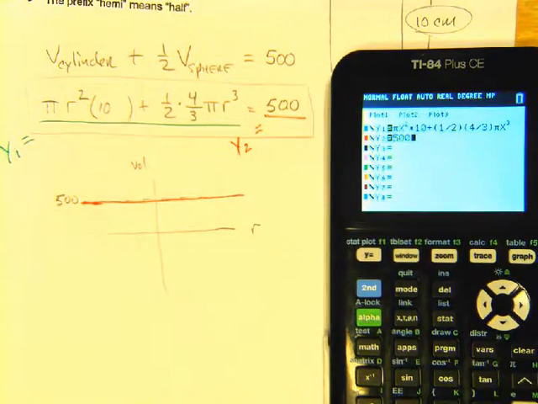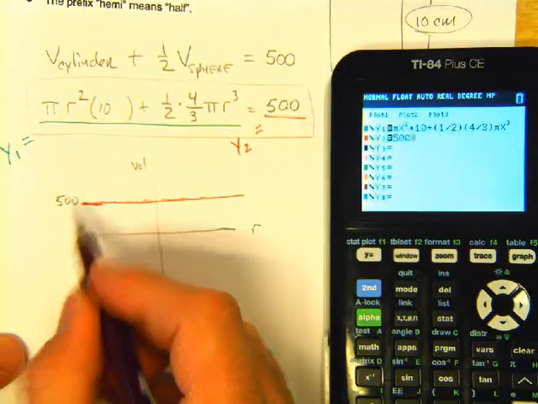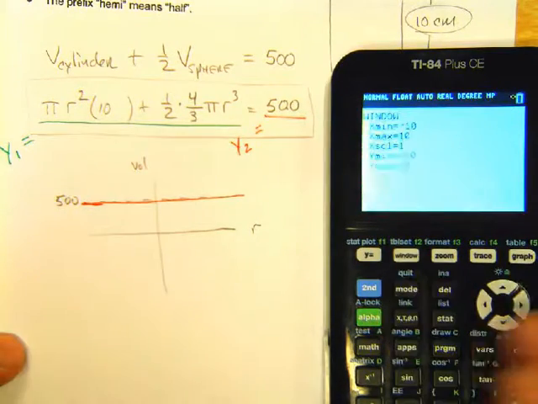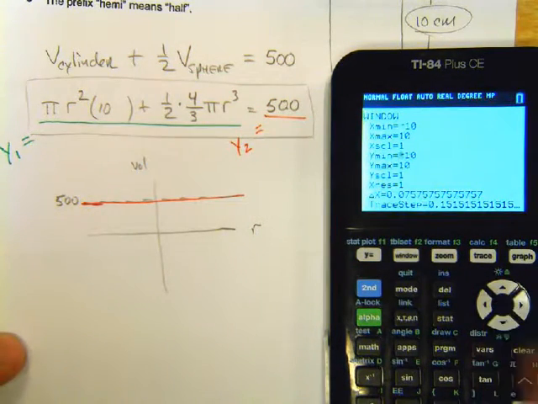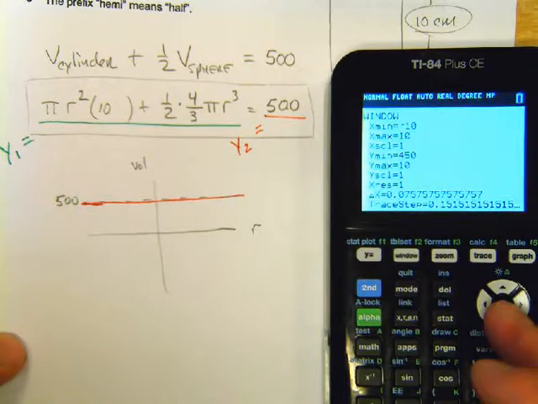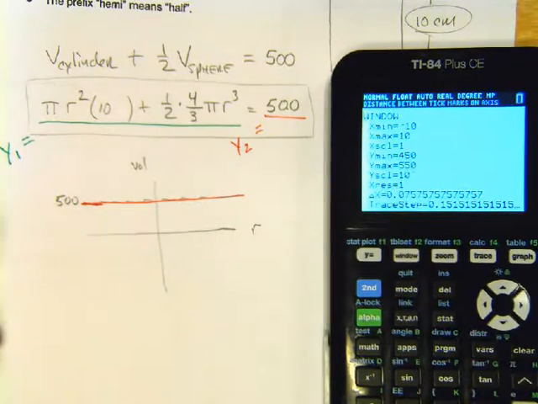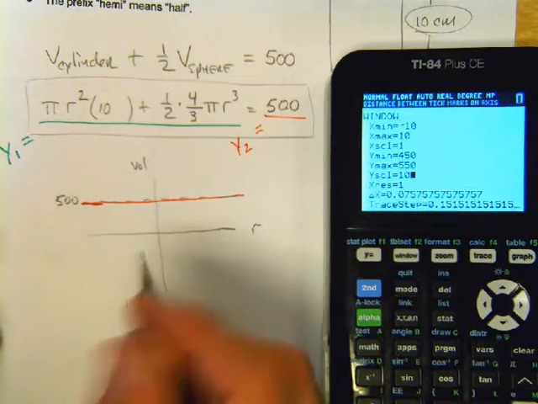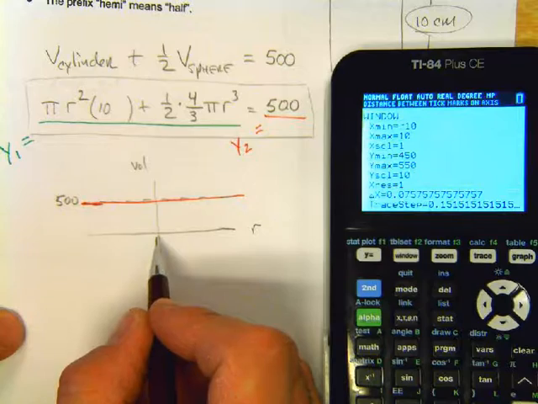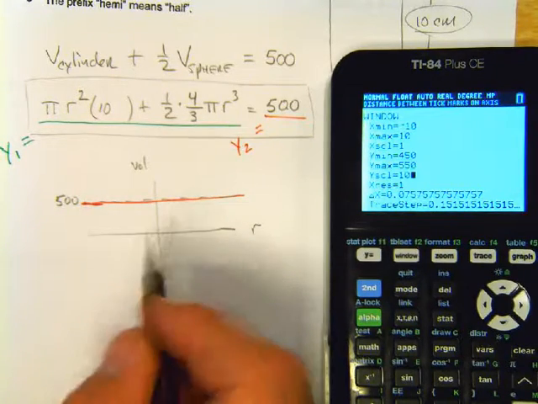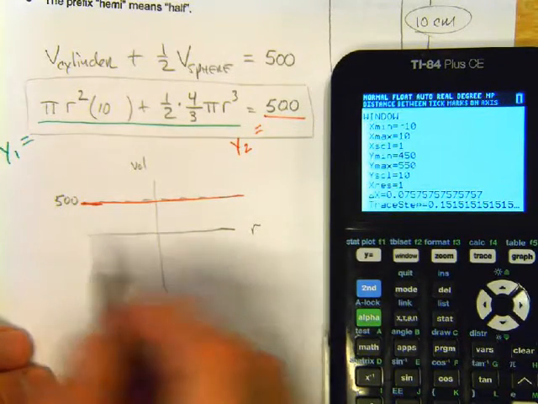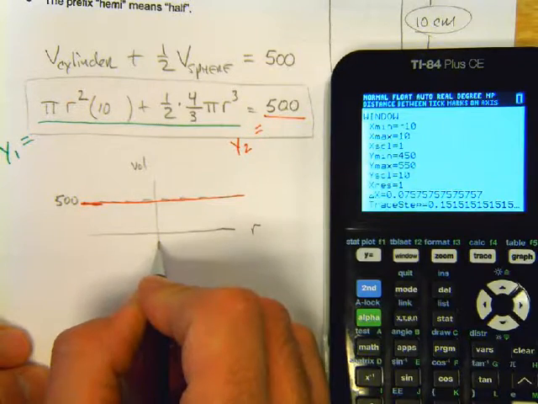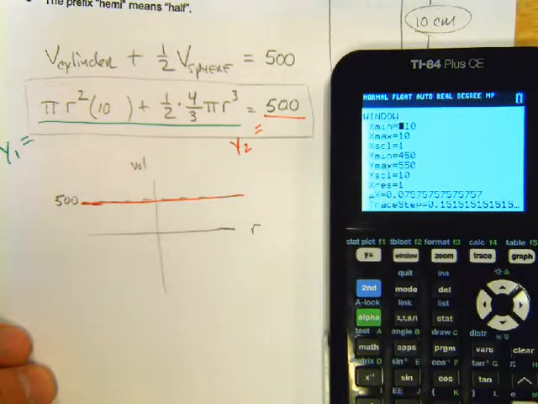How about 450 and 550 for the y-min and the y-max? And then realistically, we can't have a negative radius, so our x-axis could start at 0, and I don't know, let's just try 10 to start and see what we get.